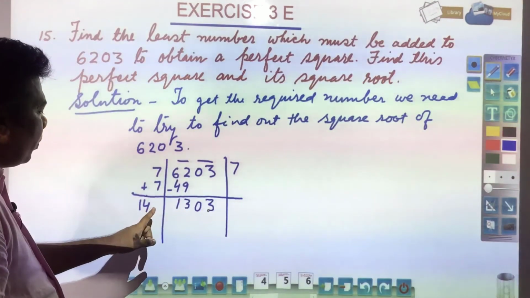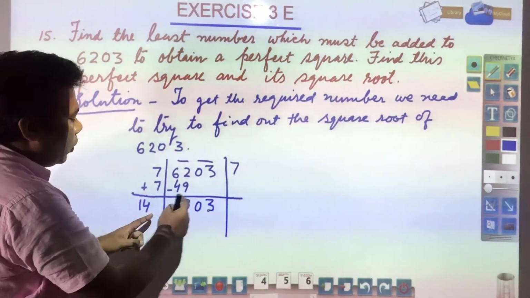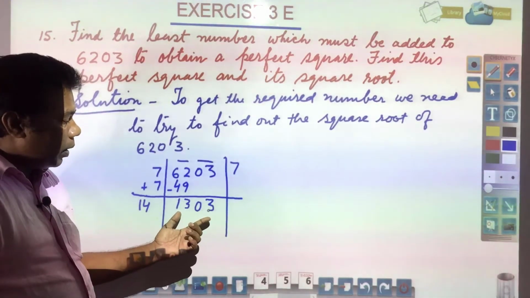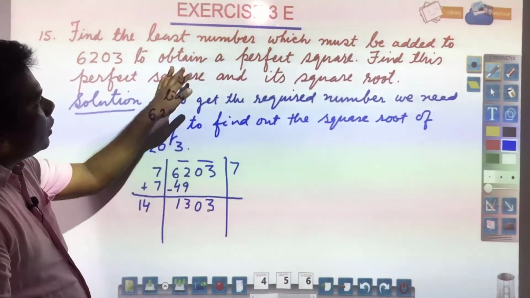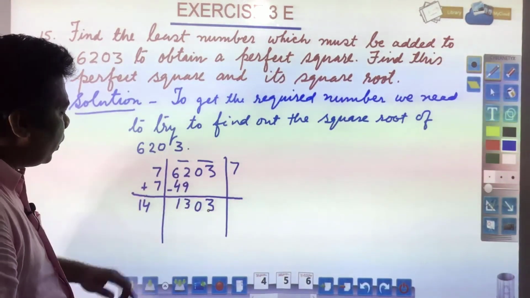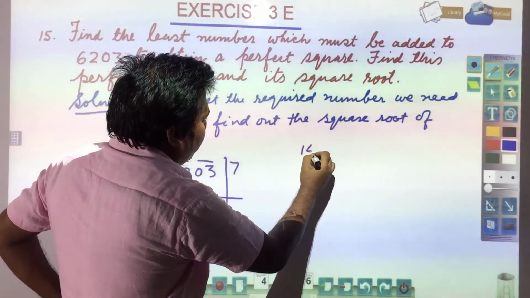Now, which number will be written over here, and you need to multiply, so that you will get close to this number or equal to this number. Equal you cannot get, because this is not a perfect square. So, you try what number is required to be written here. Suppose you have 14 and you take 8 times.